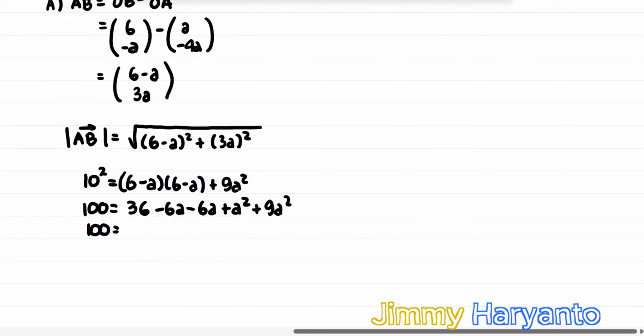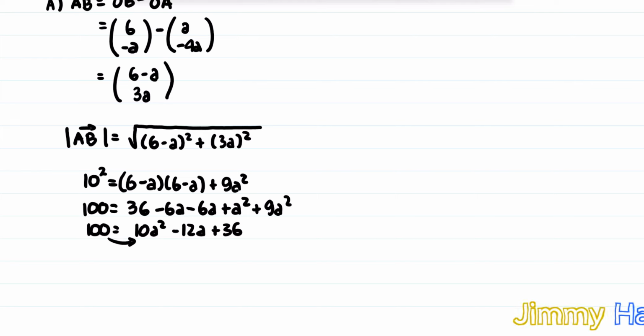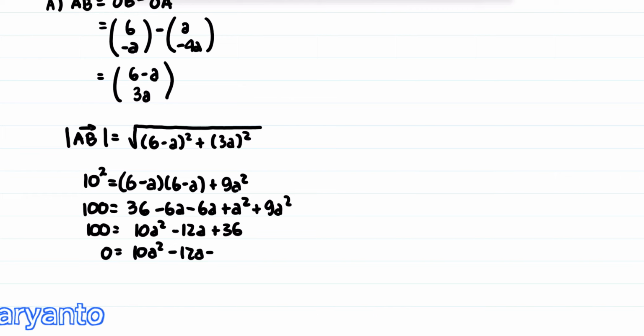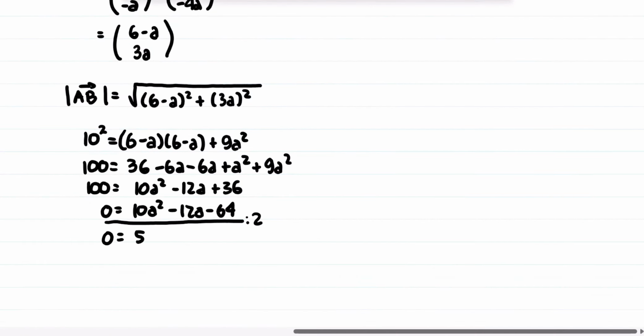And then simplify it a little bit. 100 equals 10A squared, minus 12A, plus 36. Then I will move the 100 to the left hand side. I will have 0 equals 10A squared minus 12A minus 64. Then you divide by 2. You have 0 equals 5A squared minus 6A minus 32.